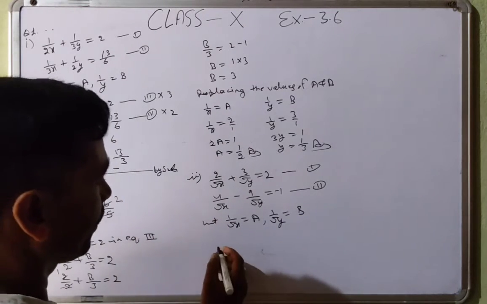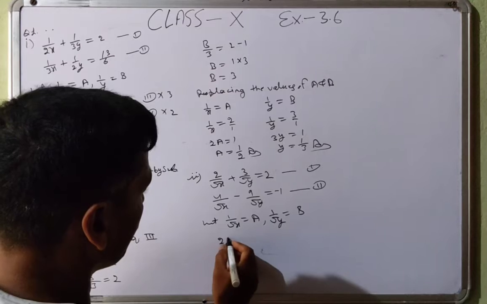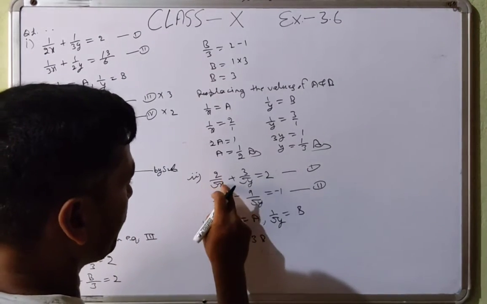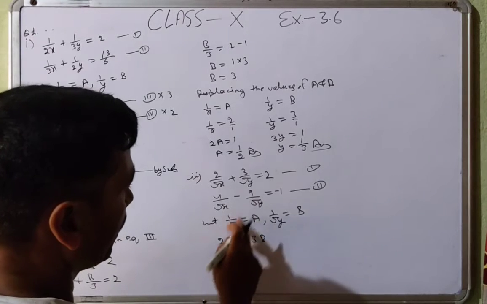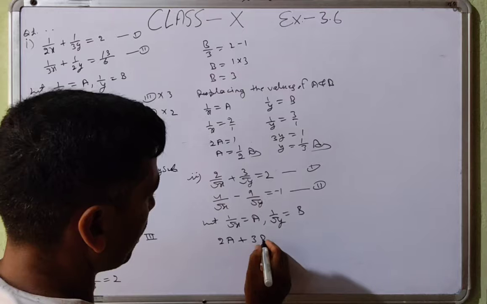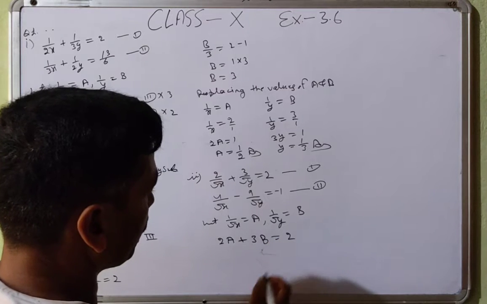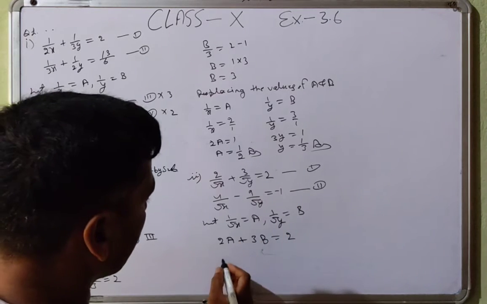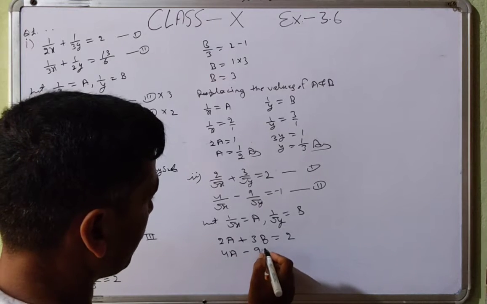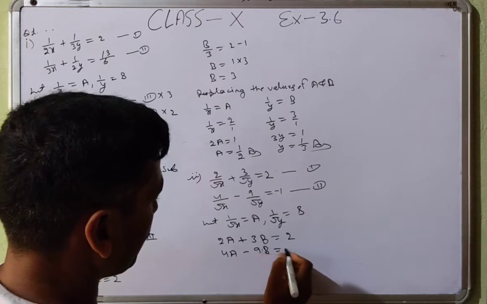So that will be 2a plus 3b is equal to 2. On the place of 1 upon under root x we have written a, and on the place of 1 upon under root y we have written b. Similarly here, 4a minus 9b is equal to minus 1.